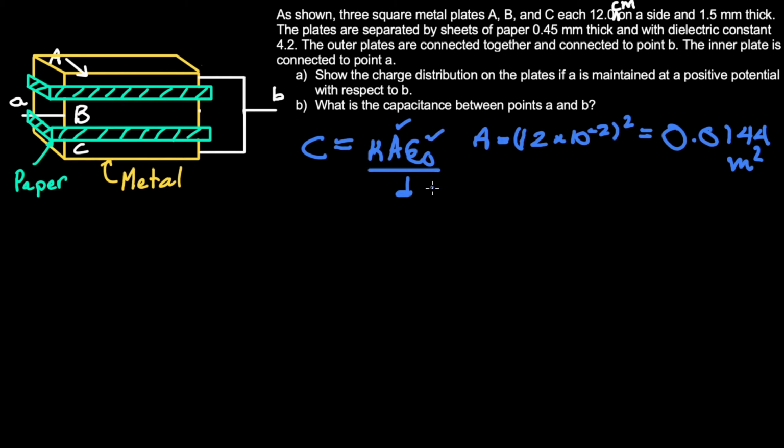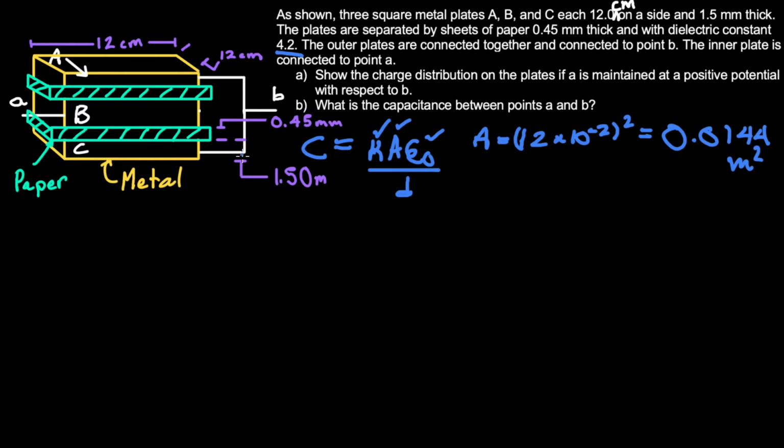We know this because it's a constant. Our kappa is given to us as 4.2. And the distance between the plates here is 0.45 millimeters because that is the thickness of this plate here, right? And so if I want to label all the dimensions on the diagram here, you can see I've labeled 0.45 millimeters as the width of the dielectric, and then these side lengths as 12.